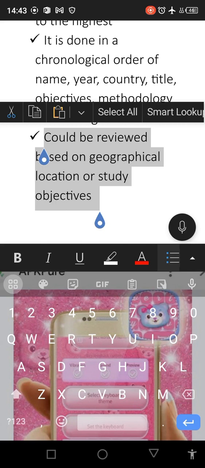Then, before I go, the last thing I need to talk about in this video is that, if you could recall, we did our literature mapping in the previous video. Now, this is the beauty of your literature map.